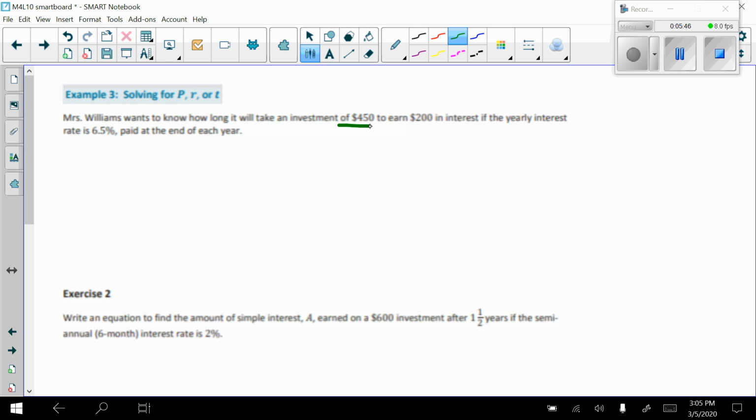Investment of $450, so that's the principal. $200 in interest is your I, interest. Yearly, and it's paid at the end of each year, so it's the same time frame, it's compatible. 6.5% means 0.065, and that is your rate.